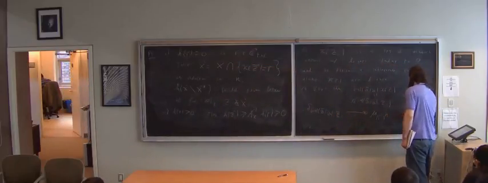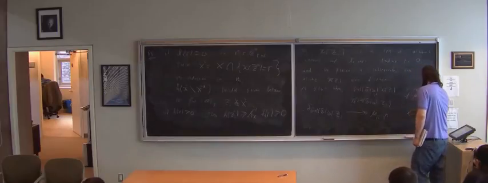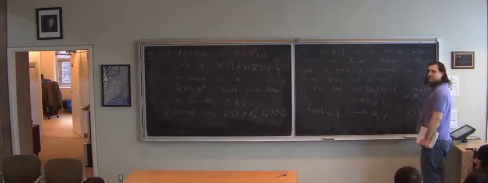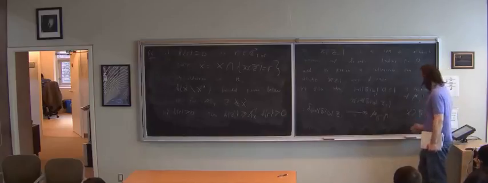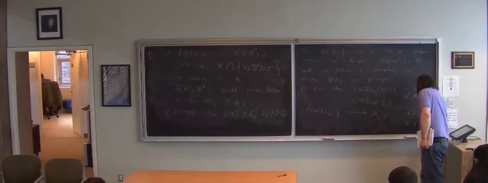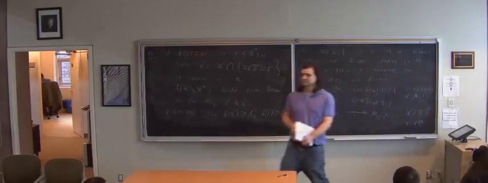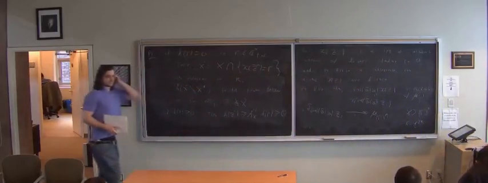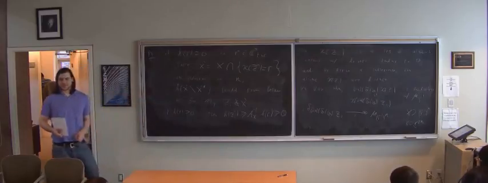And so therefore X must contain this enormous algebraic variety, which contains all of these points, meaning X is all of C star to the n, and the statement is surely true for C star to the n, so this can't happen.